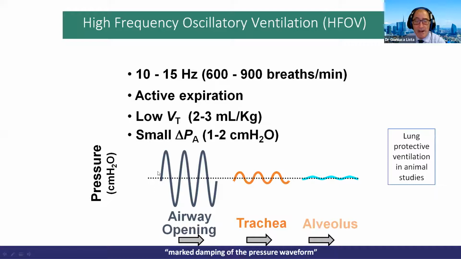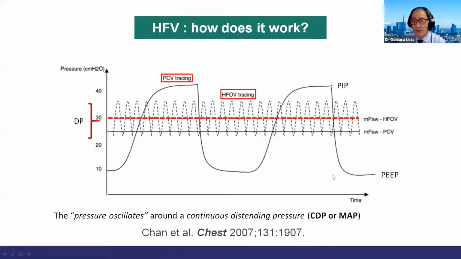And there is a marked damping of the pressure waveform from the airway opening to the alveoli. This is the reason why high-frequency oscillatory ventilation in animal studies seems to be a very promising lung-protective ventilation. During the HFOV, the pressure oscillates around a continuous distending pressure and is very different from the conventional mechanical ventilation.